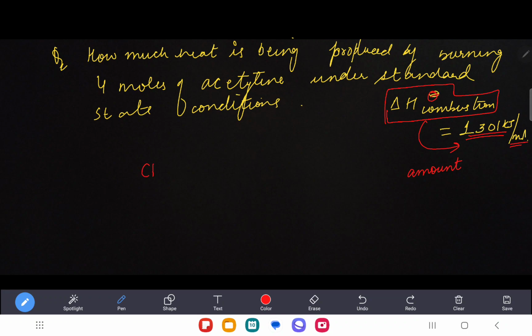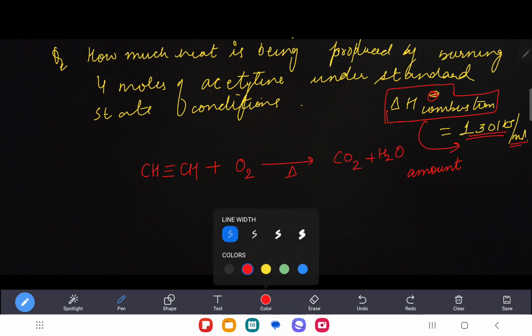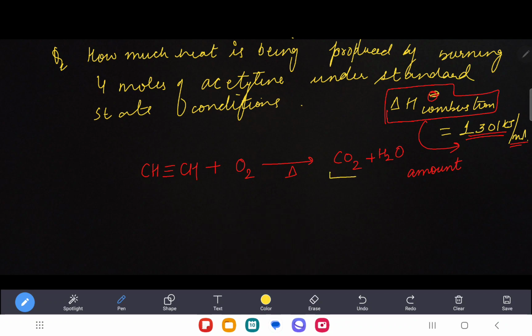So basically, the amount of heat produced during the combustion is given to me per mole. Acetylene is first of all ethine. If you burn 1 mole of a substance in the presence of oxygen, it is going to give you CO2 and H2O, isn't it? That means CH triple bond CH is there. When you burn acetylene, or ethine, 1 mole of this, if you balance out this equation, you get H2O and CO2.